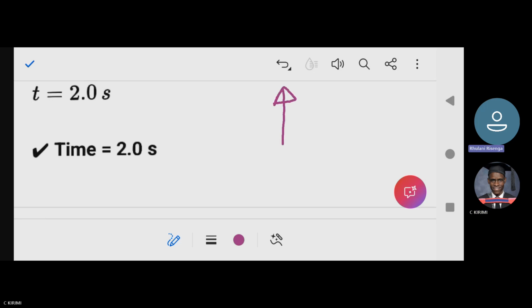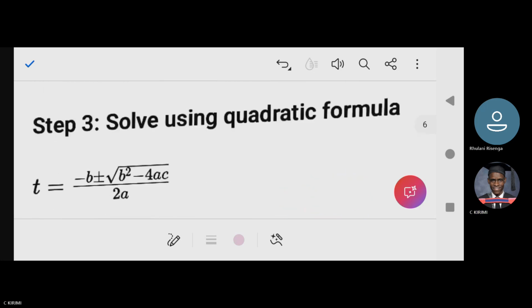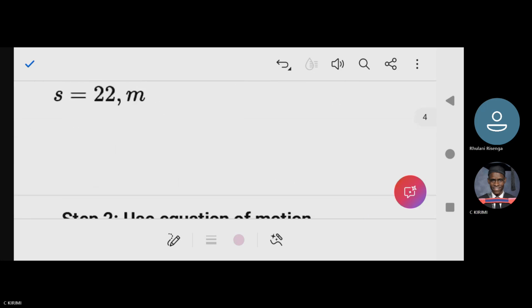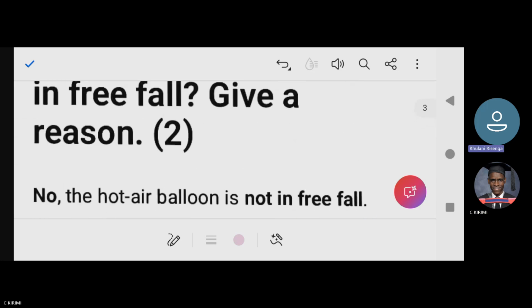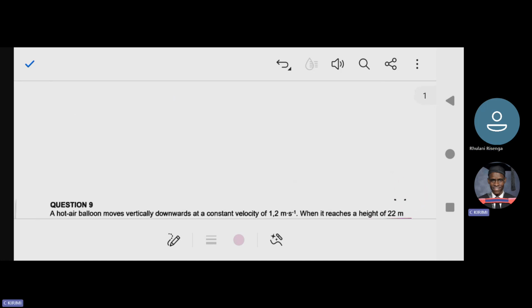Yes. The balloon is going down, so it's moving down. The balloon is moving vertically downwards with the constant velocity of 1.2 meters per second.